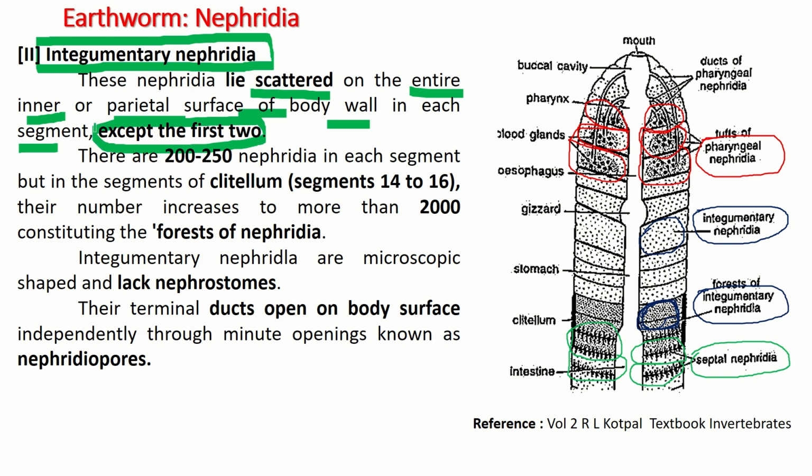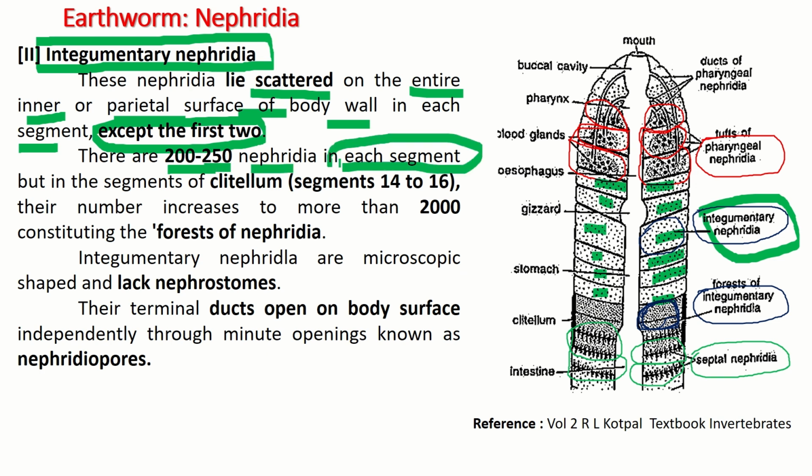Here we see the scattered integumentary nephridia on both sides, all over the body. Their number is about 200 to 250 nephridia in each segment.